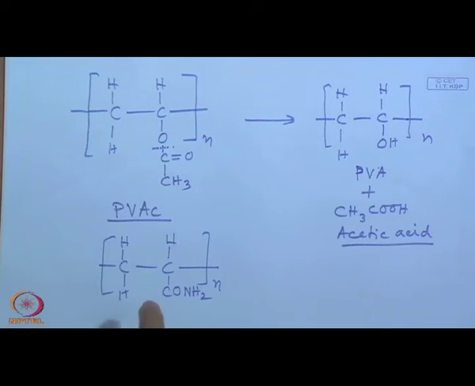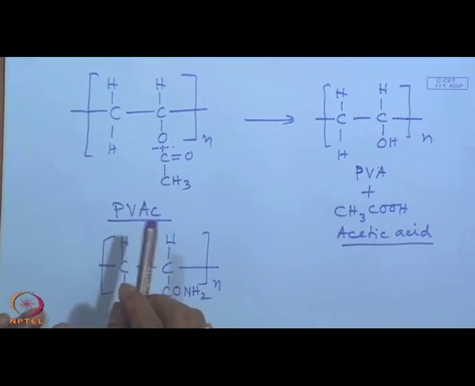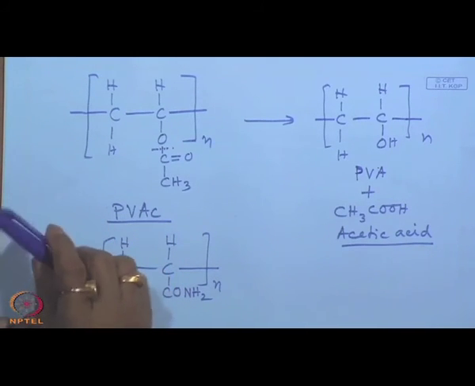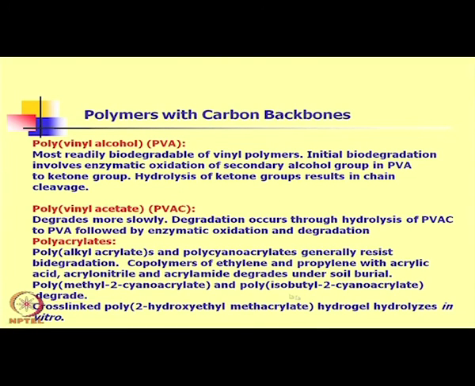This acrylamide monomer can be copolymerized with ethylene or other vinyl monomers, or we can have polyalkyl cyanoacrylates, say polyisobutyl cyanoacrylate, polymethyl cyanoacrylate. We can have polymers of say acrylic acid and acrylonitrile. So, these polymers degrade slowly by microorganisms or hydrolytic degradation.